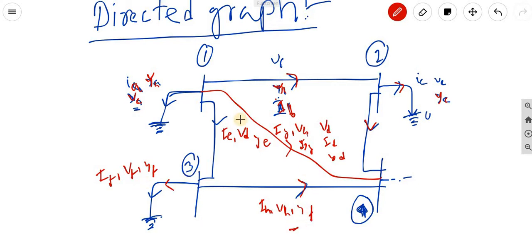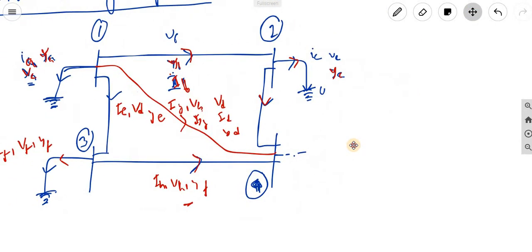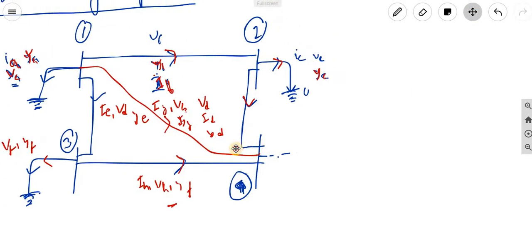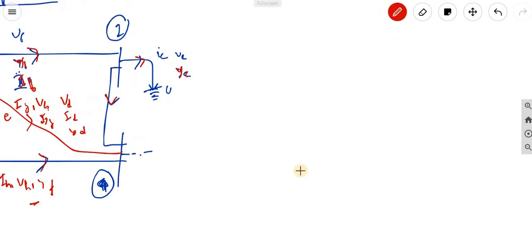With this, for each and every branch we can form one equation. For the first branch A, the current IA equals VA times YA.